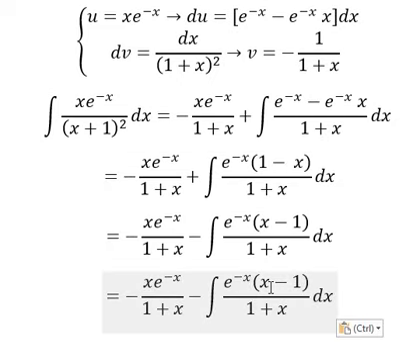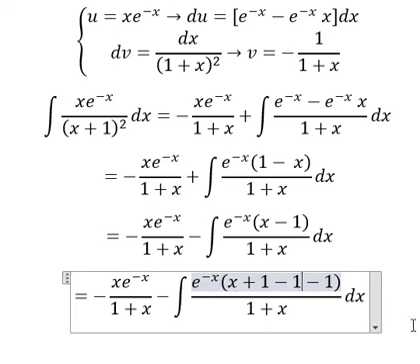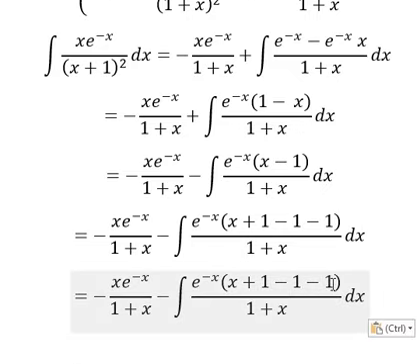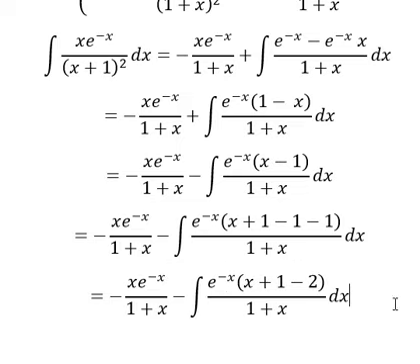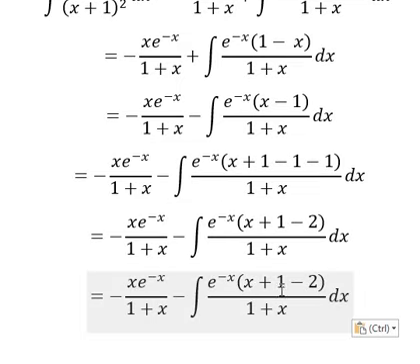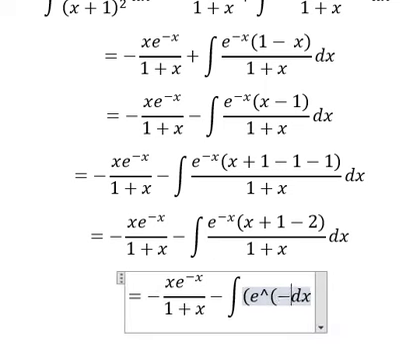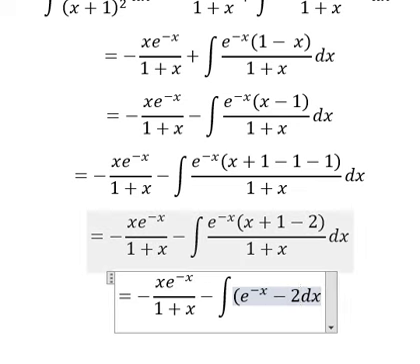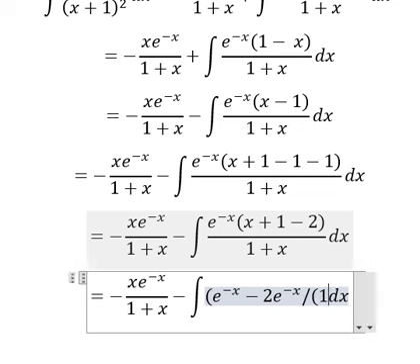Next, I need to add 1. Later that we need to minus 1. So negative 1, we have negative 2. So (s plus 1) divided by (1 plus s), we have 1. So you got e to the power of negative s. And then we have negative 2, e to the power of negative s over 1 plus s.